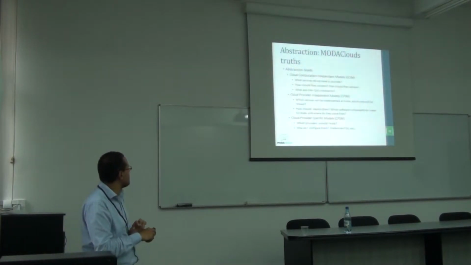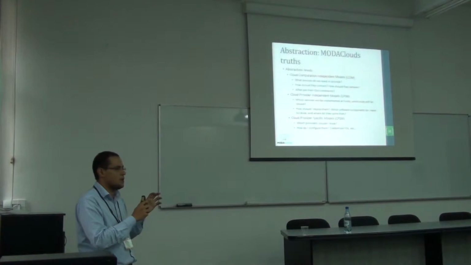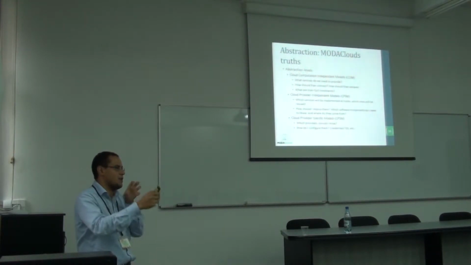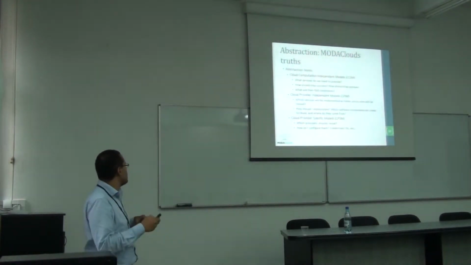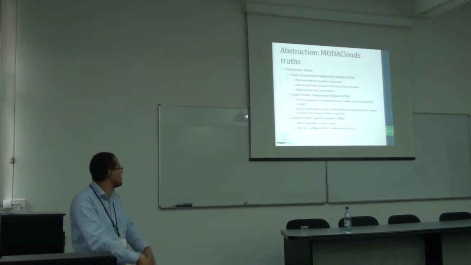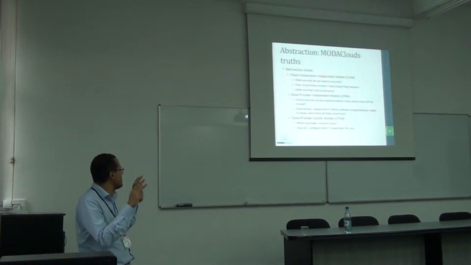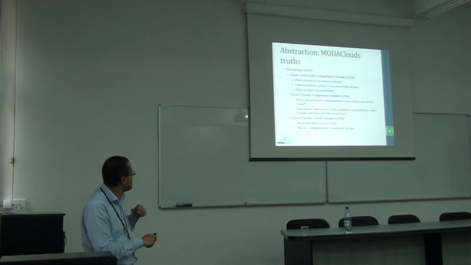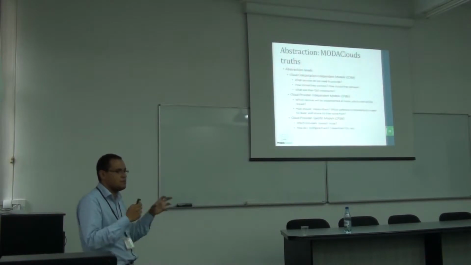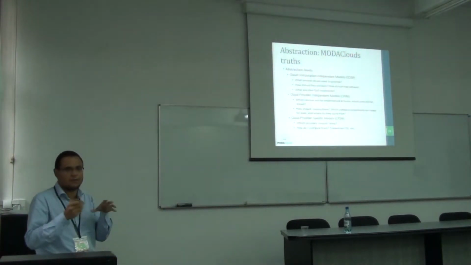So we have a model that's organized in different levels of abstractions, and then we go from the more abstract level to the less abstract level. And the idea is that in the most abstract level, what we call the cloud computation independent model, you model your application in a way that's independent even from the cloud.